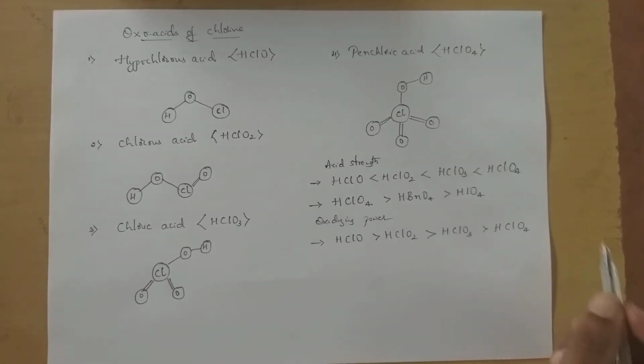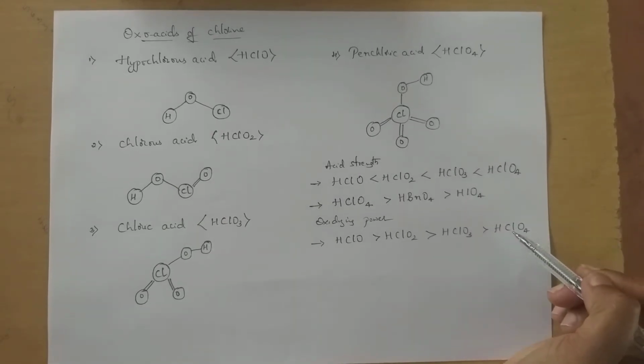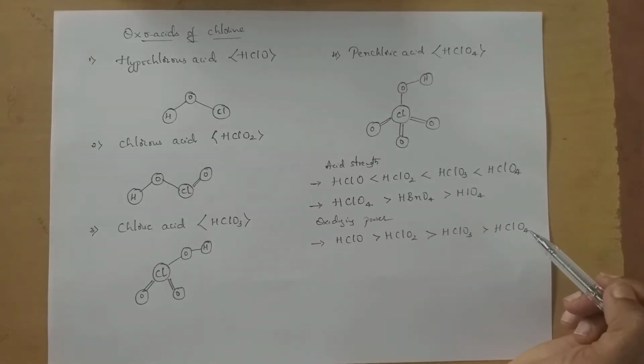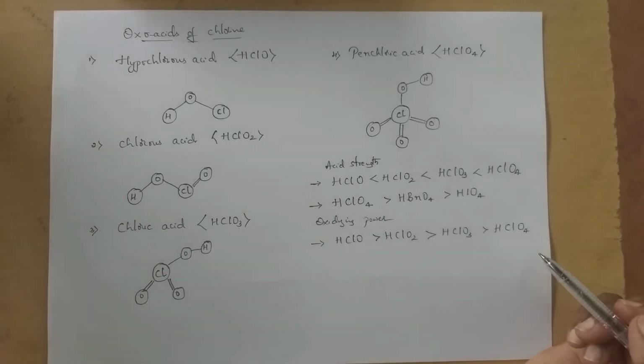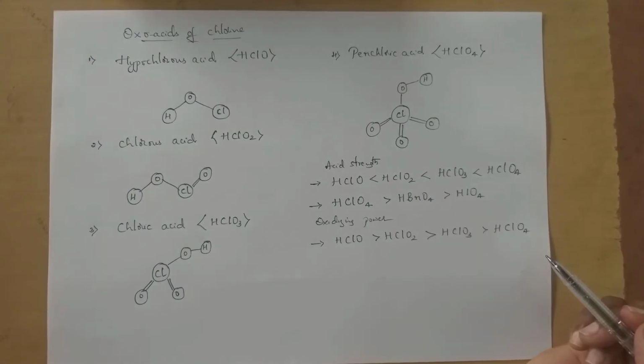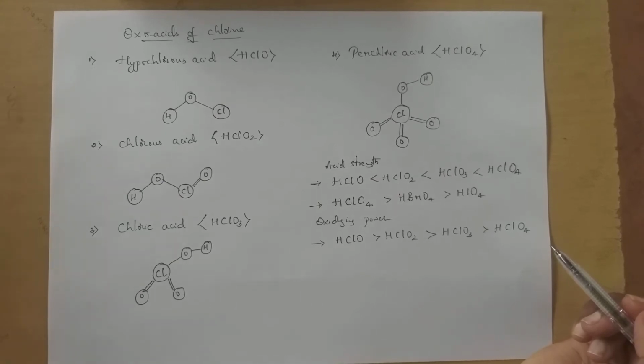So these two are based on acidic strength, and this is based on oxidizing power. Clear? So this is about the oxoacids of chlorine. So group 17 is completed. Next we will have one last concept under group 17, that is interhalogen compounds.